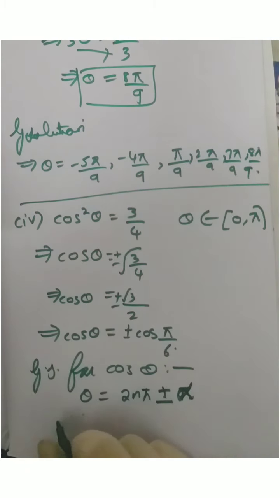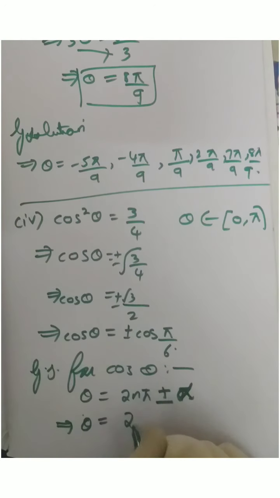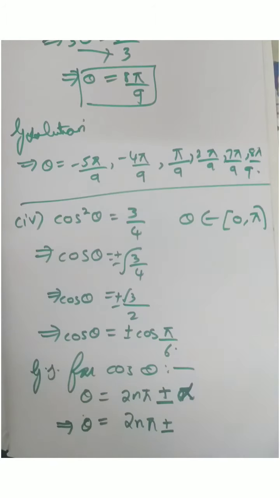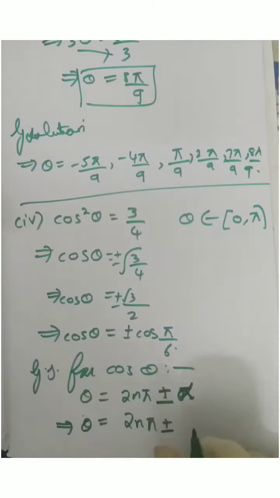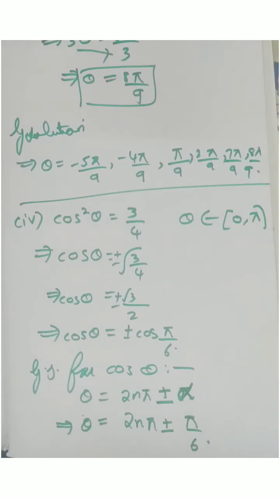So here theta is theta only, you can see here, and 2n pi plus minus alpha, where alpha is pi by 6, if you see, right? So plus minus pi by 6. Now here I can take the value of n as 0 only.